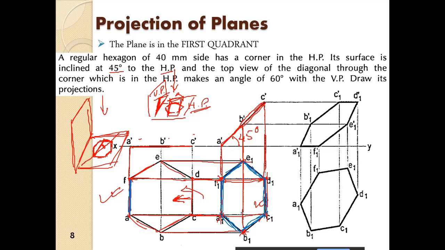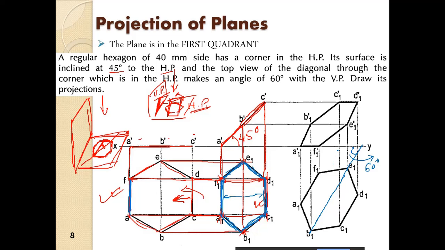Now what we have to do is rotate it such that the diameter makes an angle of 60 degrees. Right, so this figure we have to rotate such that it makes an angle of 60 degrees. Okay, so what we do is we draw the diameter first, and then we measure the offsets.